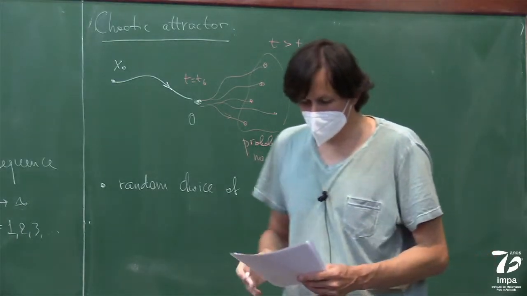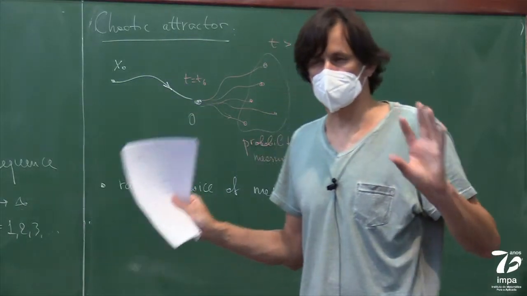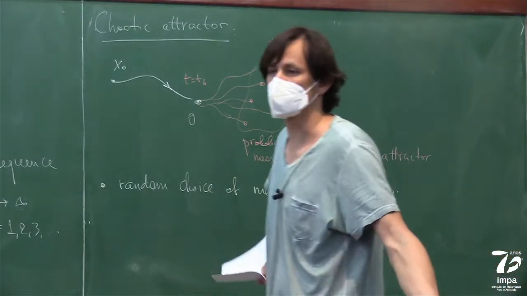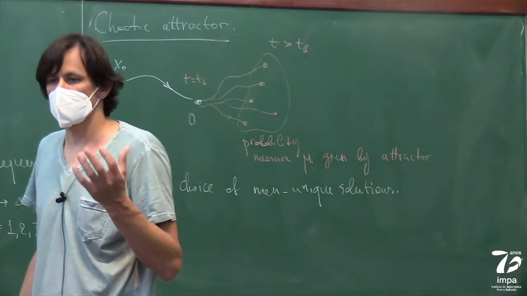Random and non-uniqueness are two very different concepts, because non-uniqueness means that there are many solutions, and random means that there is a probability.